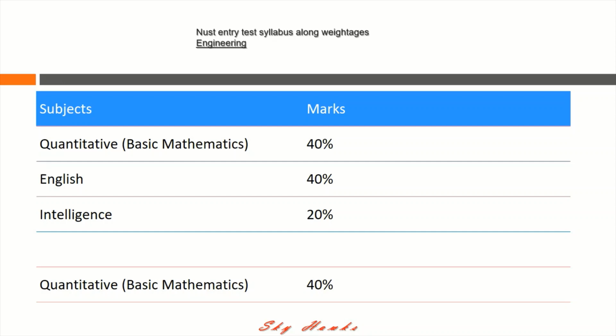So just skip this headline, come to this point: quantitative basic mathematics 40%, English 40%, and that is a special type of English about business communication, and intelligence 20%. Now they are looking for more intelligent people in business, and quantitative, as I was saying, is 40%. So these are the 3 portions only.